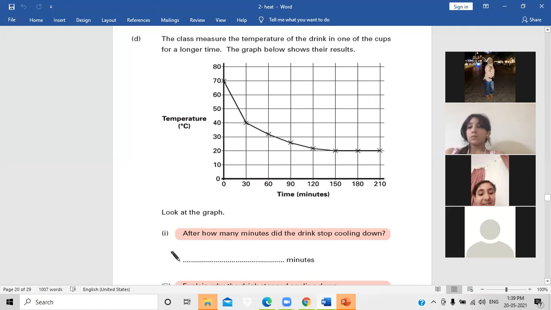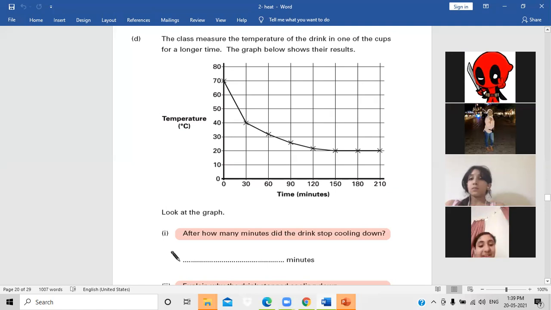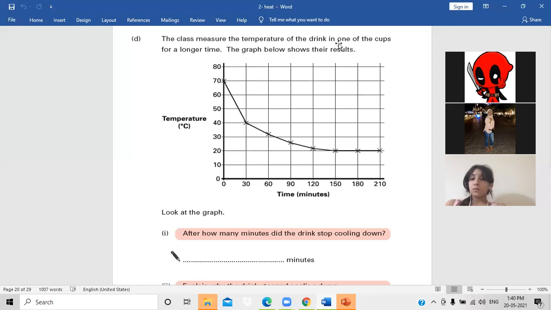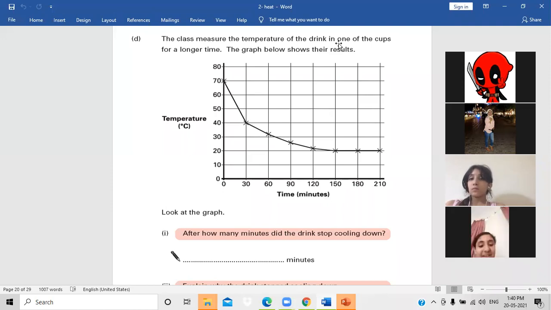At this point, both the drink and the room will have the same temperature, so there is no flowing of heat. In order for the heat to flow, one object should be hotter than the other. Since the drink and the room have the same temperature, no flowing will happen.